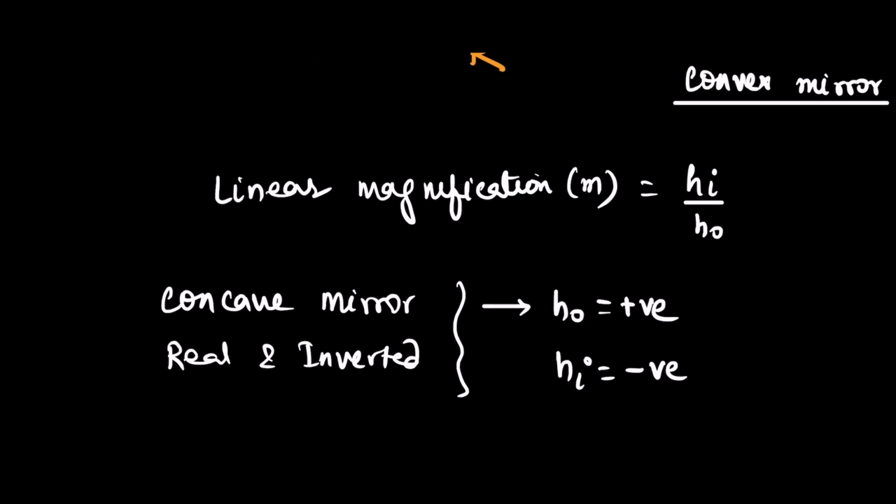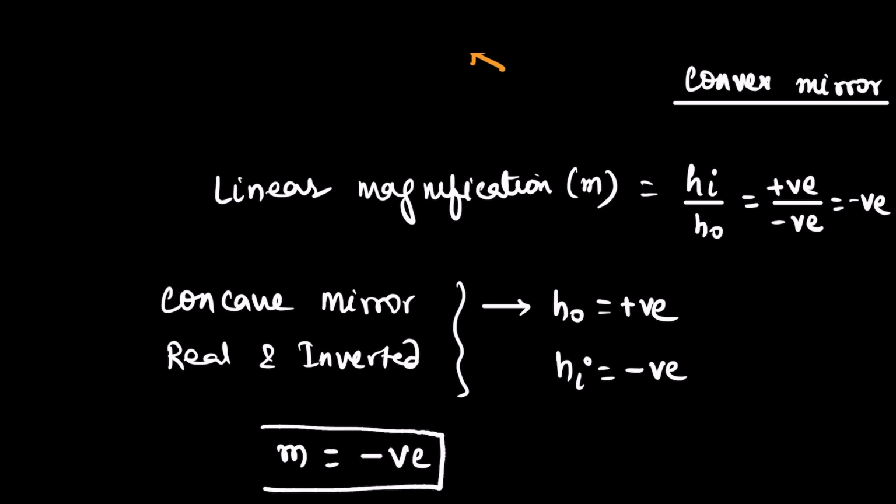Based on that, the sign for M will be negative. So when M is negative, it means that it will be a real and inverted image.